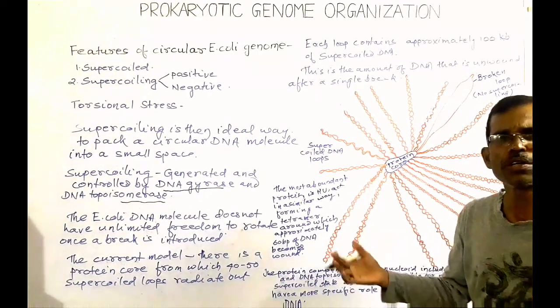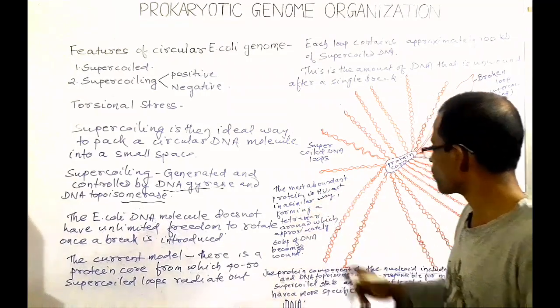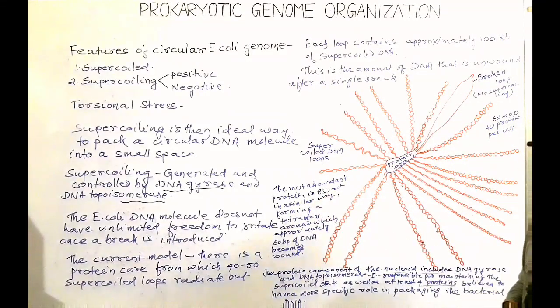Out of these 4 different proteins, the most abundant protein is the HU protein. The HU protein acts in a similar way to the histone protein. Histone protein helps in folding of the eukaryotic genome.